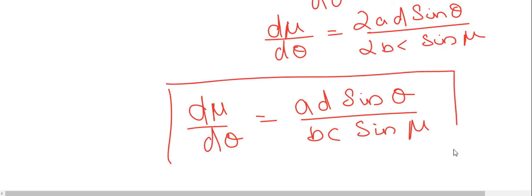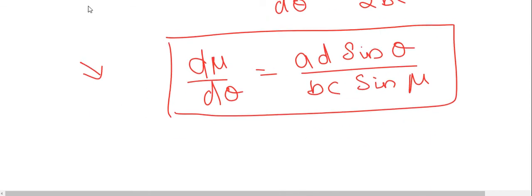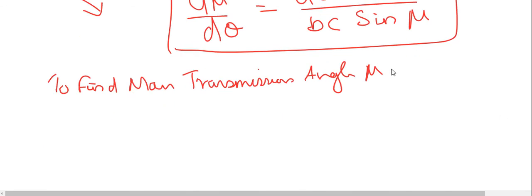This is the condition for maximum and minimum. To find the maximum transmission angle mu, equate d mu over d theta to 0.